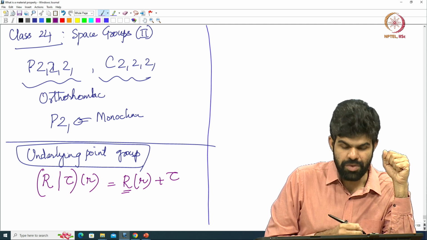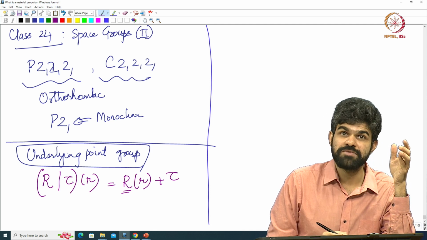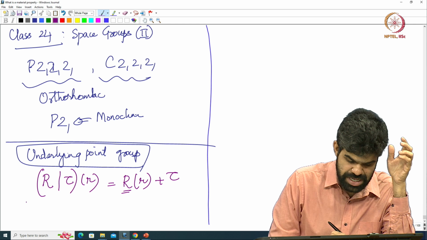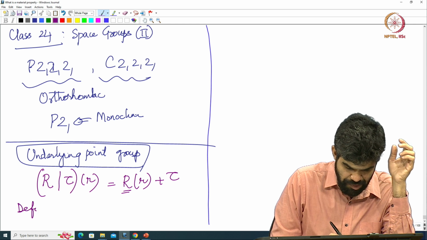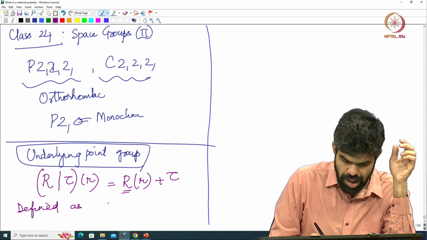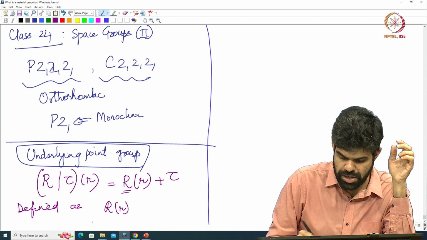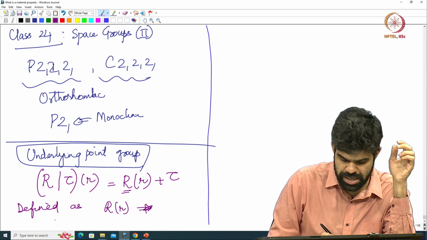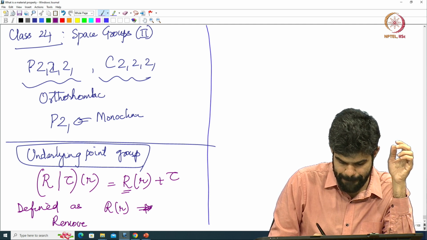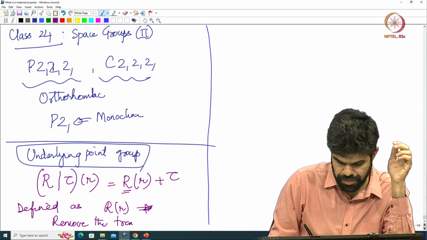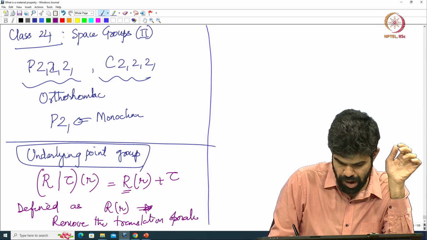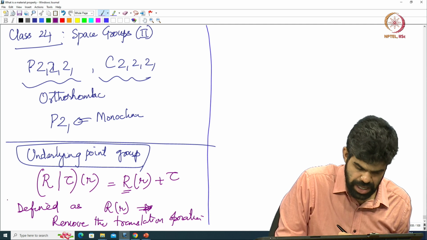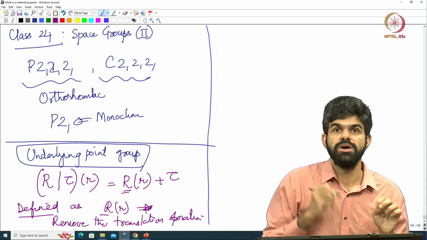Now the underlying point group of this space group operation is defined as just R, so no translation, remove the translation. This is the underlying point group.